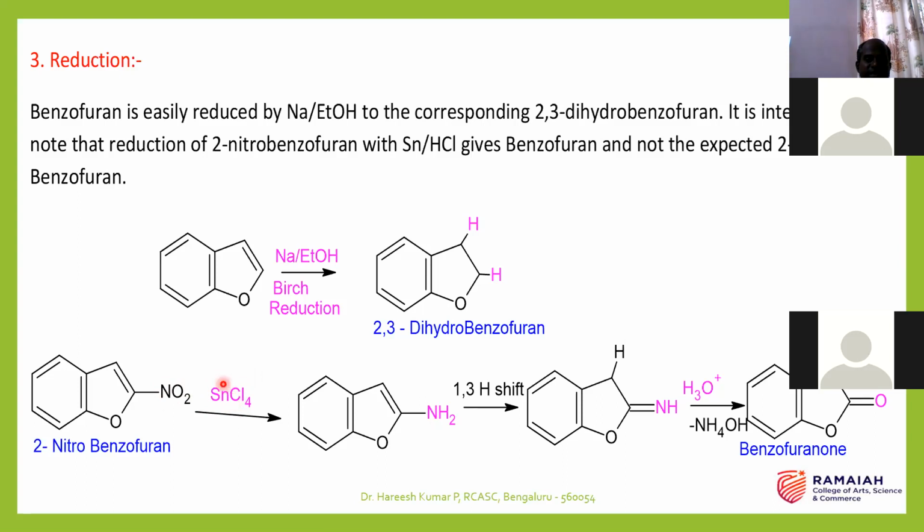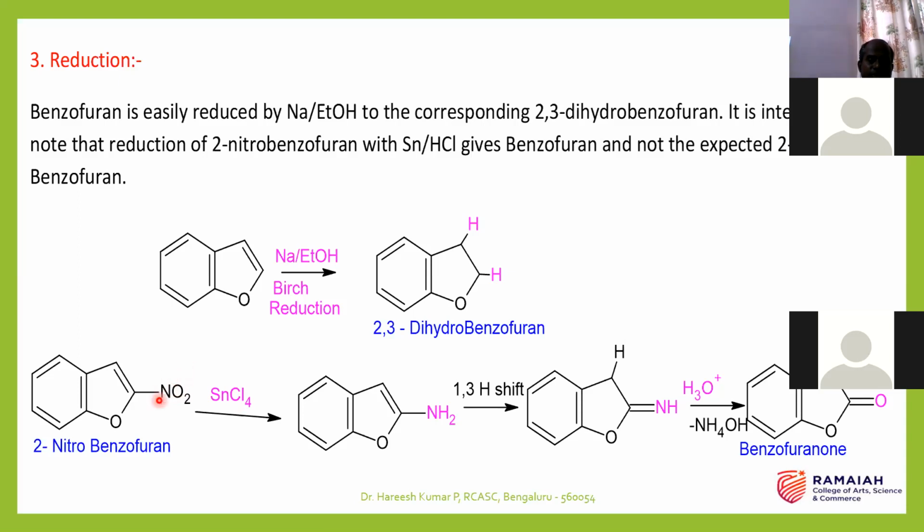But what is the reagent here? The reagent should be Sn in HCl. SnCl4 is the leaving group. So Sn gets converted into SnCl4 after giving electrons to the nitro group.